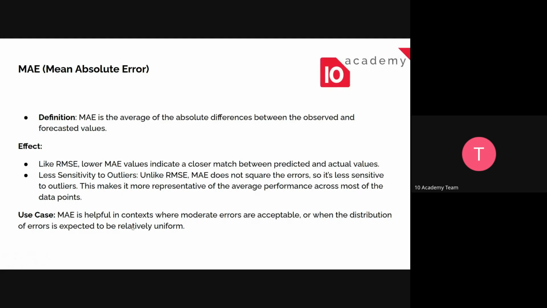MAE is helpful in context where moderate errors are acceptable or when the distribution of errors is expected to be relatively uniform. So if it is uniform, then we're going to have kind of uniform error, outlier error. So average ትንሽ የሆነ ማለት ነው. እንደዚህ አይነት ኤረሮችን መታገስ ይችላል.